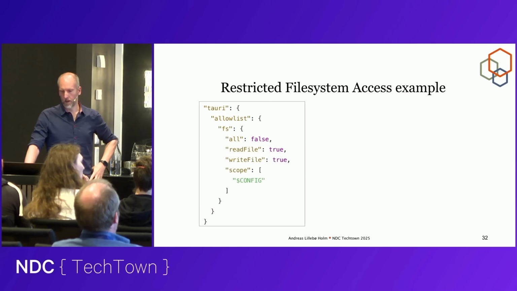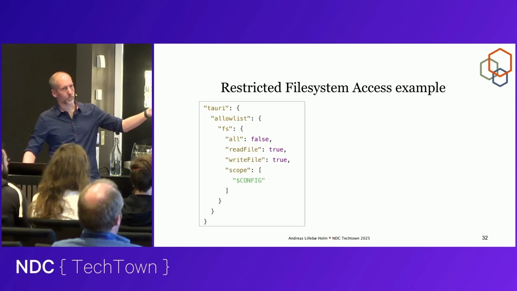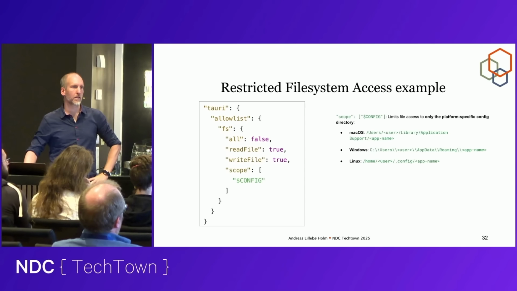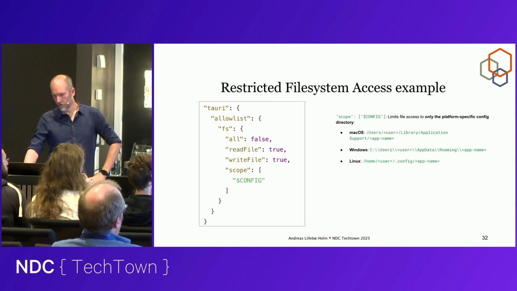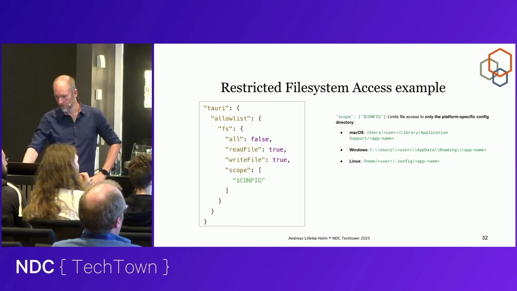You say you can read and write, within this config scope. And you have to write it like this because it's cross-platform, so config means different paths on the different operating systems. On the Mac, for instance, you have user library, application support, and app name, and it's different on the others.